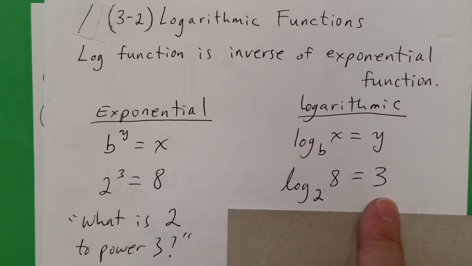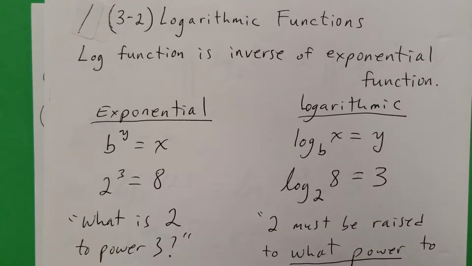Here, what we're asking is, 2 must be raised to what power to get 8? That's different from here, where 2 to the third power is what answer? The answer is 8, but 2 to what power do we get 8? So for the log, the answer is 3.